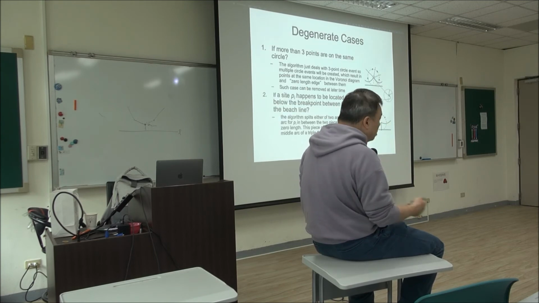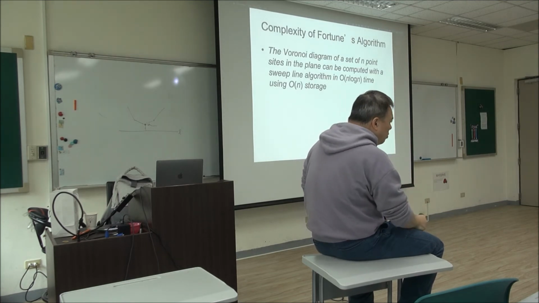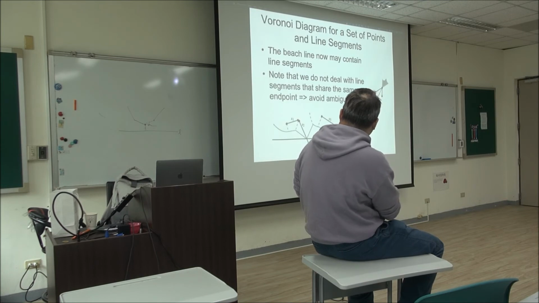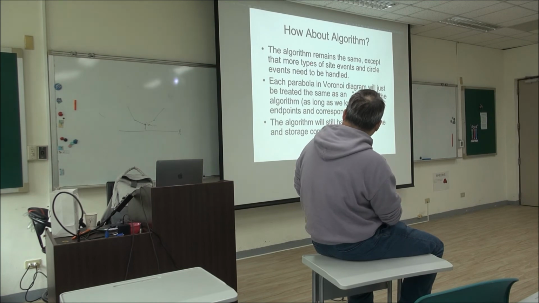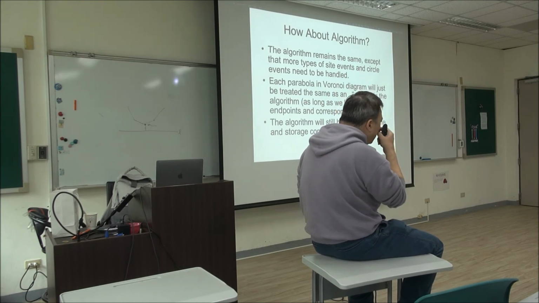Which is good, because this means that we use almost identical sweep line algorithm to create the Voronoi diagram for a set of points and line segments. You can see the algorithm remains the same, except more types of side events and circle events need to be handled.